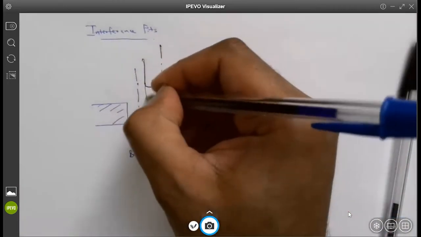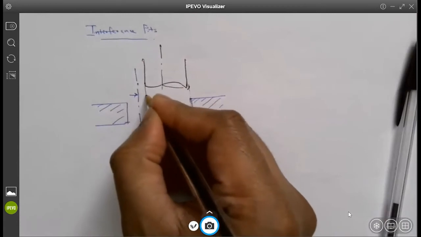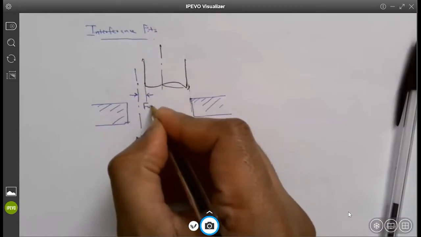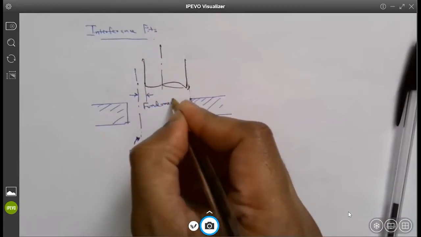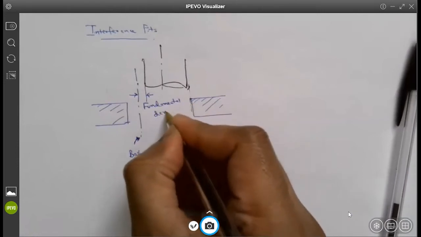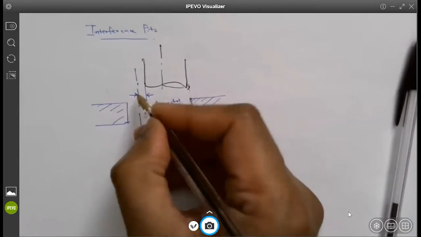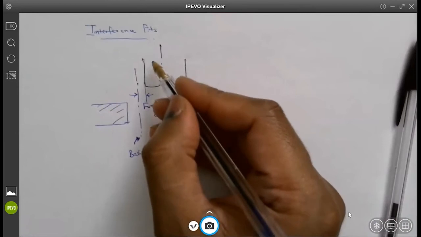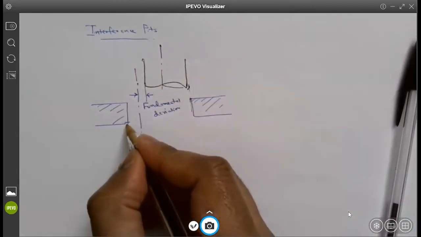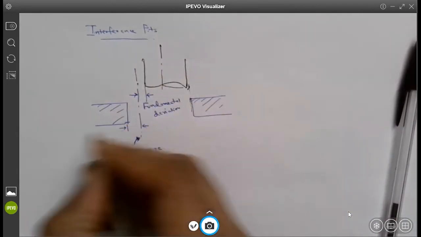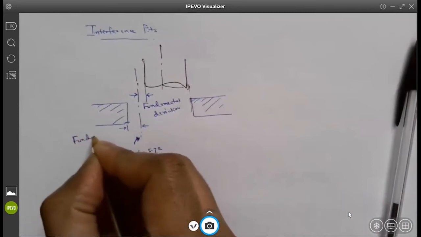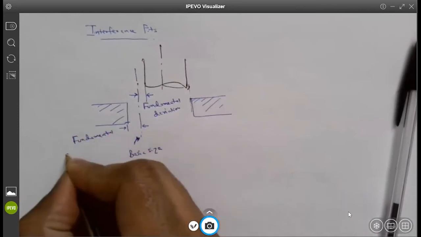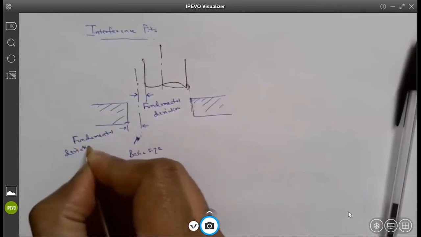Now this deviation from the basic size is called the fundamental deviation. So this is the fundamental deviation for the shaft, and this is the fundamental deviation for the hole.